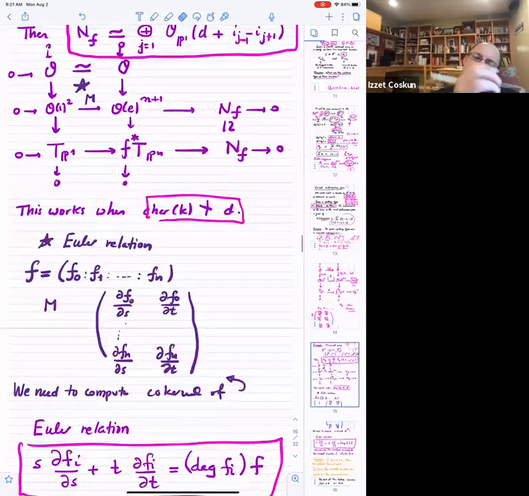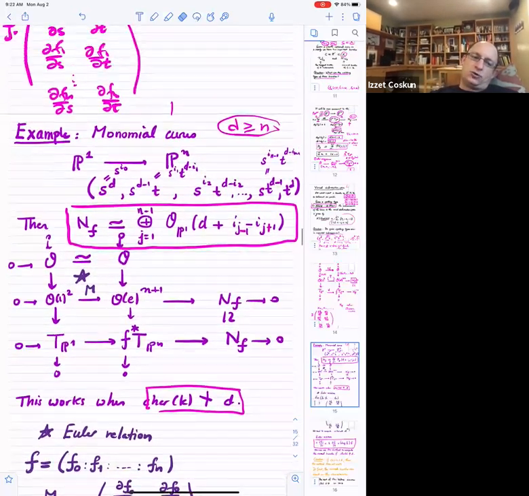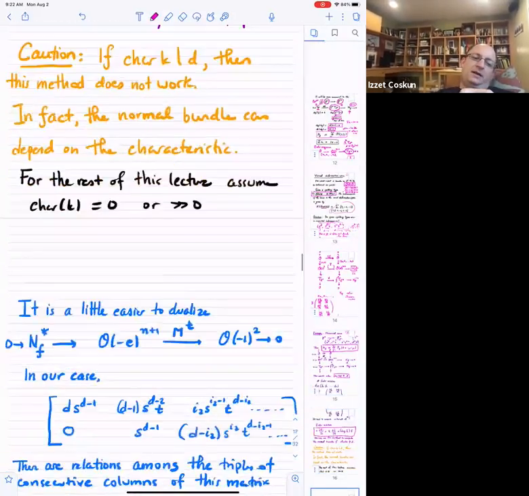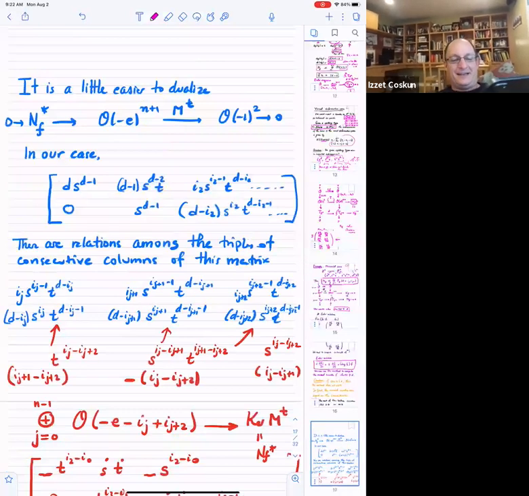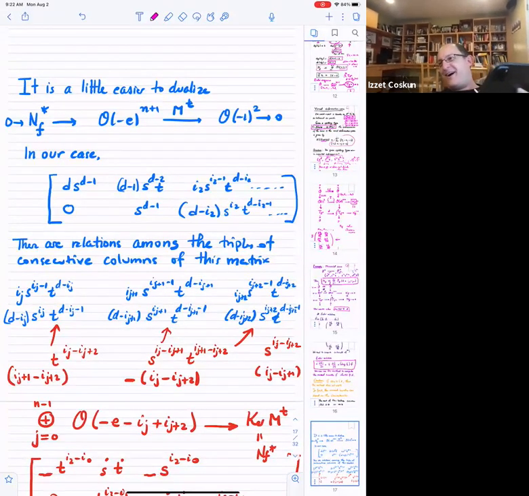So to compute this normal bundle, I just need to compute the co-kernel of this Jacobian matrix, okay? Let's do it. Here is the secret to all life: co-kernels are hard to compute. Kernels are easier to compute, even though it's the same thing. I don't know why, but so is life.